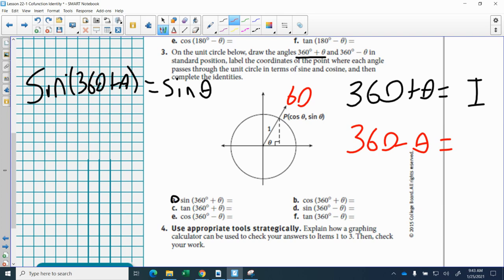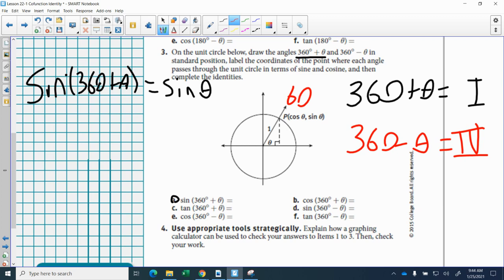If this was a 60-degree angle, a value in that first quadrant, if I were to plug it into 360 minus theta, that would bring me down to here, which is a 300-degree angle. You see how just by doing 360 minus the original reference angle, I'm traveling down to that fourth quadrant? So when I use this expression, what I'm saying is I'm in the fourth quadrant of this unit circle or this coordinate plane.